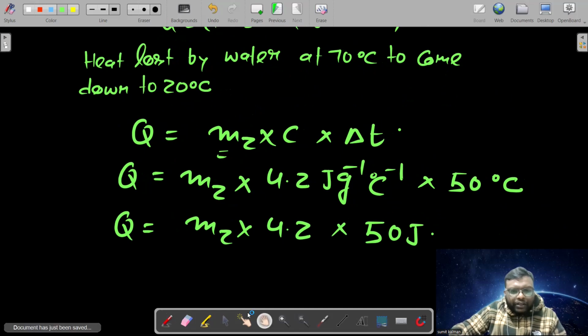So now, here we have calculated total heat absorbed and total heat lost.